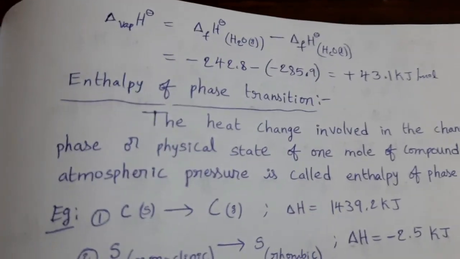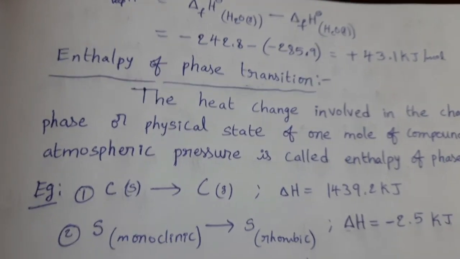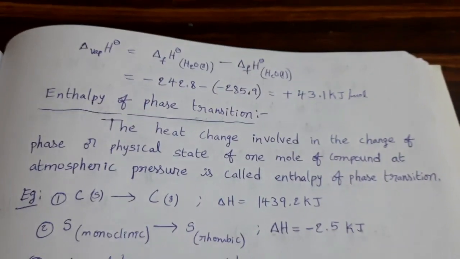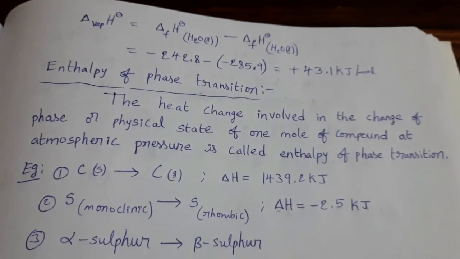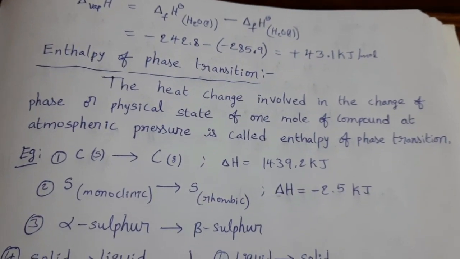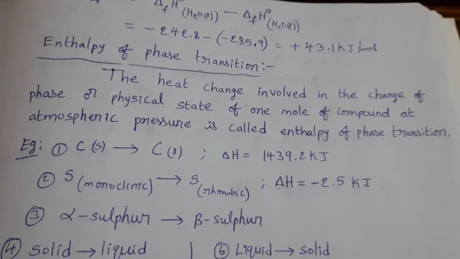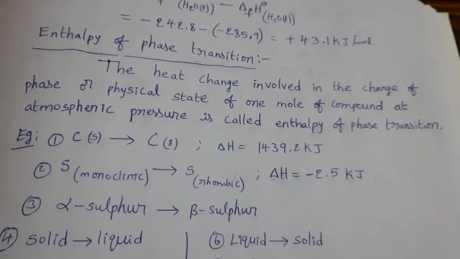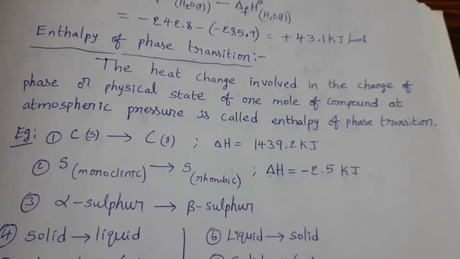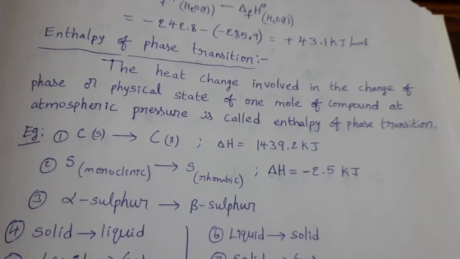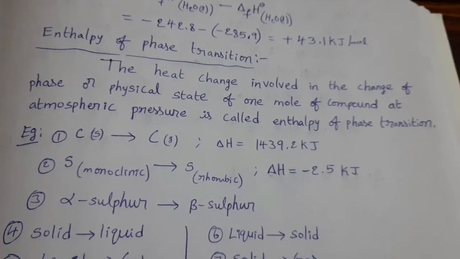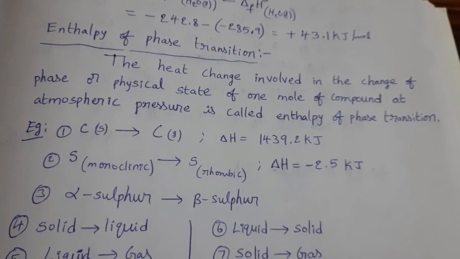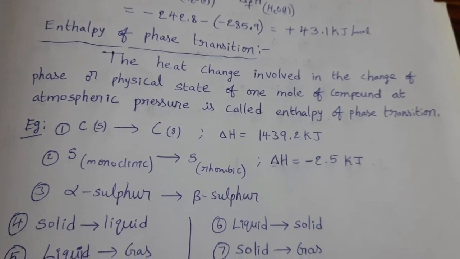See the next one. Enthalpy of phase transition. The heat change involved in the change of phase or physical state of 1 mole of a compound at atmospheric pressure is called enthalpy of phase transition. Take 1 mole of a compound at 1 atmospheric pressure. To change its physical state, the required heat energy is called enthalpy of phase transition.